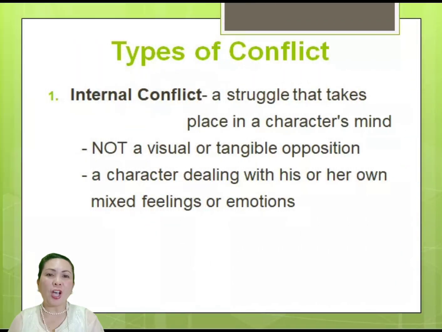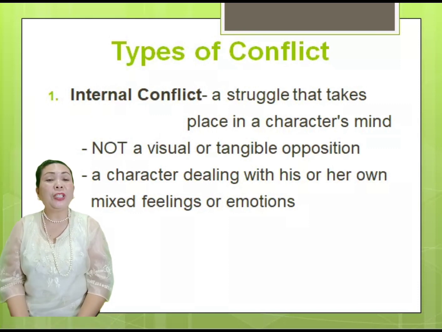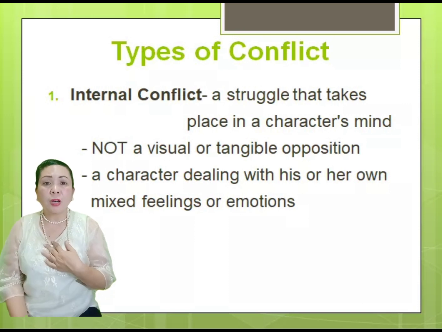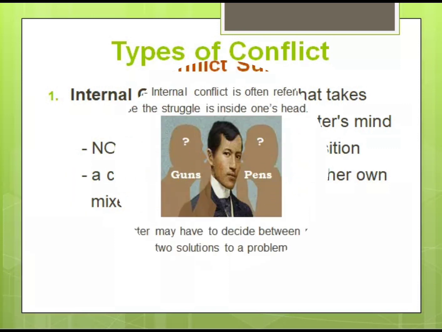This time, let's talk about the types of conflict. First, we have the internal conflict. This is the struggle that takes place in the character's mind, not a visual or tangible opposition. A character dealing with his own mixed feelings or emotions.